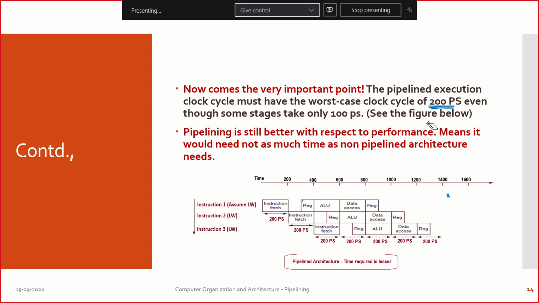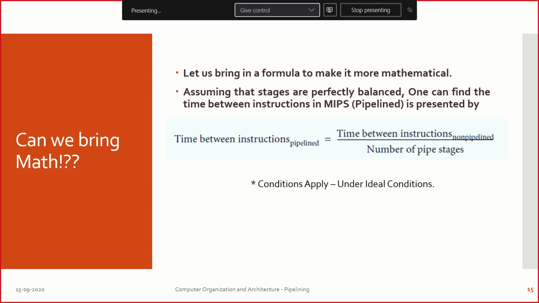Now we go stage-wise, picking that particular stage and allocating that time to accommodate all the stages properly. When you go with pipeline architecture, the time required is definitely lesser, certainly much better than a single cycle design.